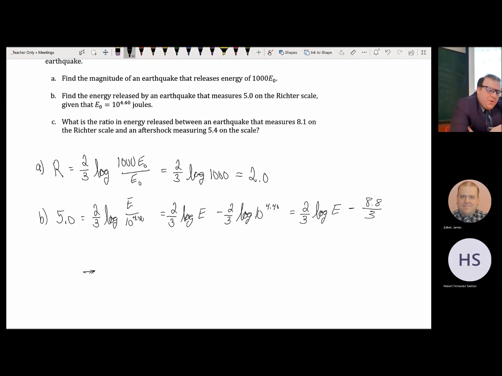Adding 8.8 over 3 to both sides. It's what, 23.8 over 3?